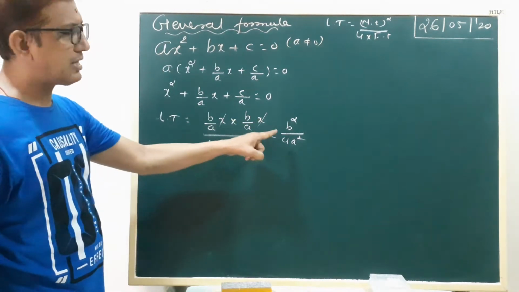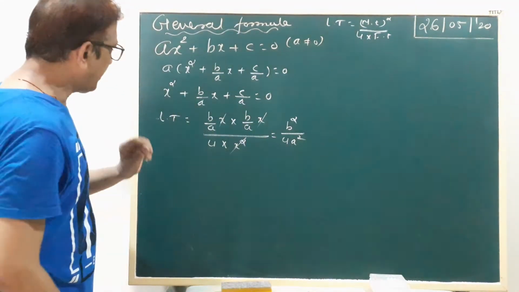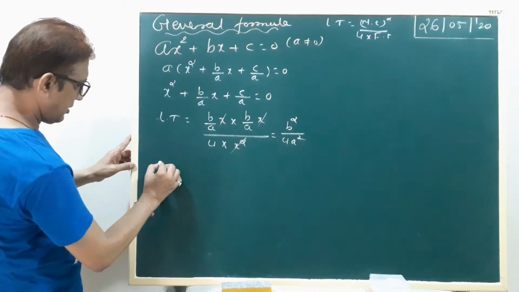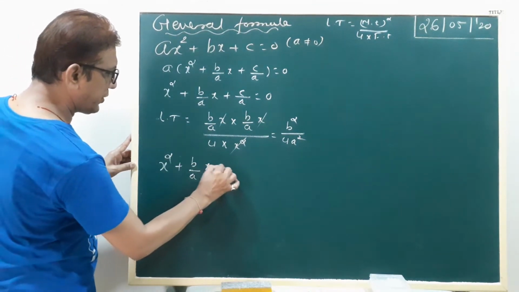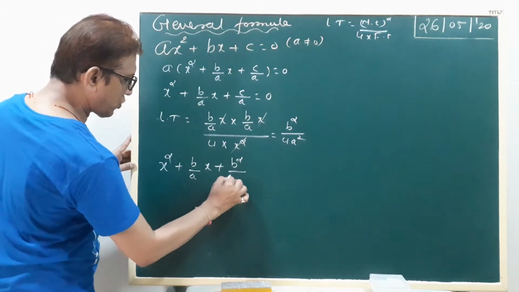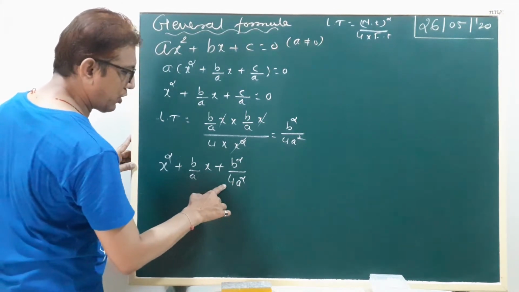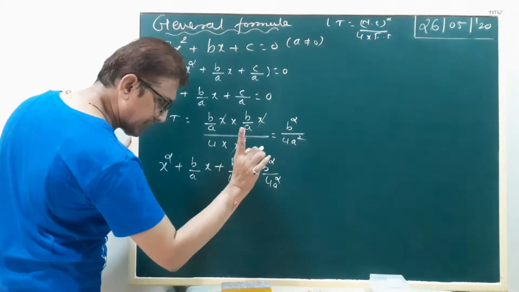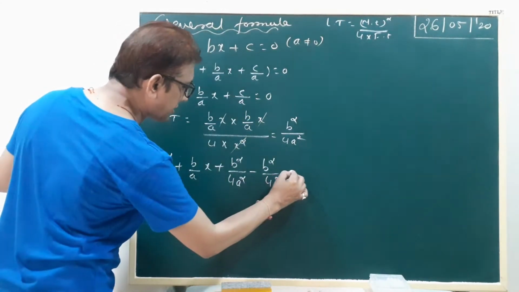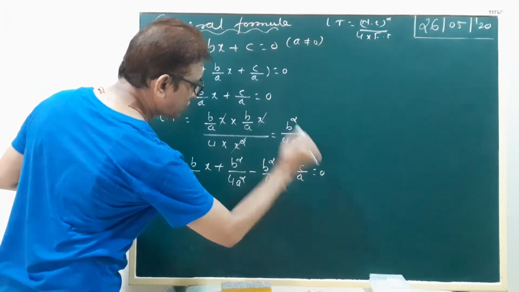Okay, this is your last term. Now we write this: x square plus b upon a into x plus b square upon 4a square positive, and b square upon 4a square negative. Right? And then the last term, plus c upon a equal to 0.